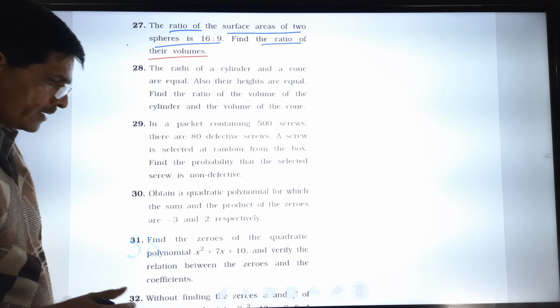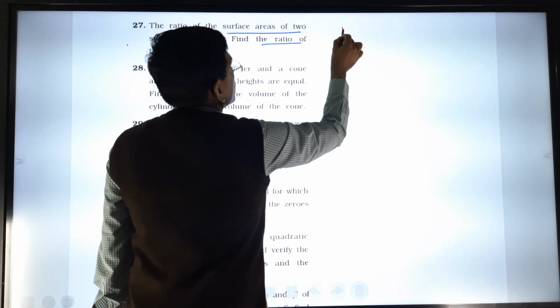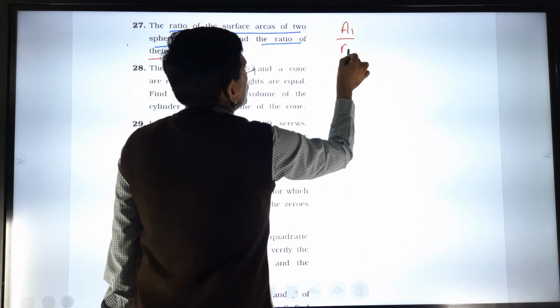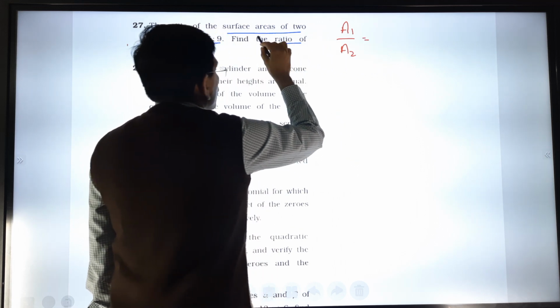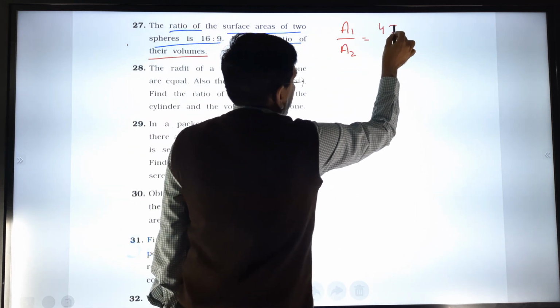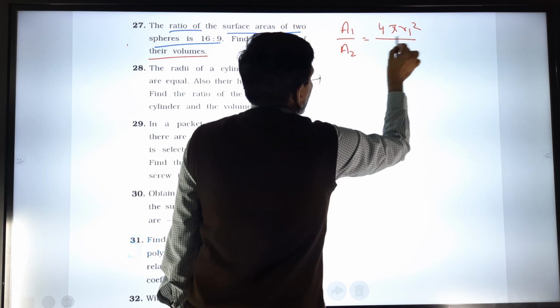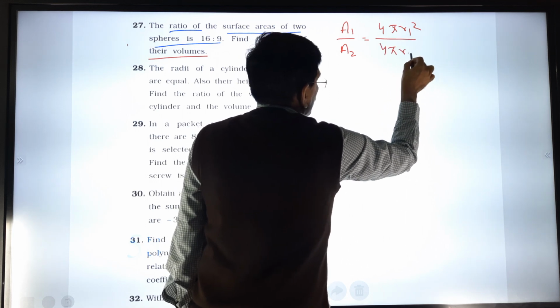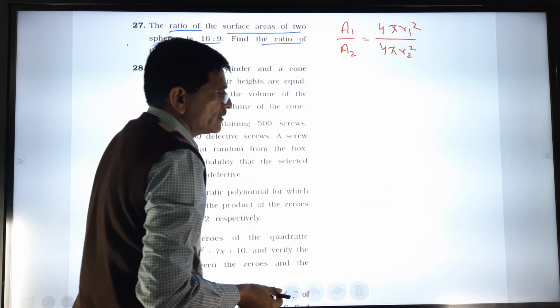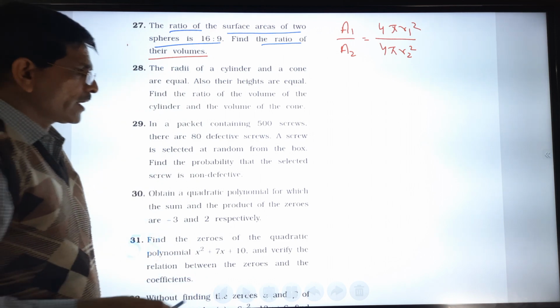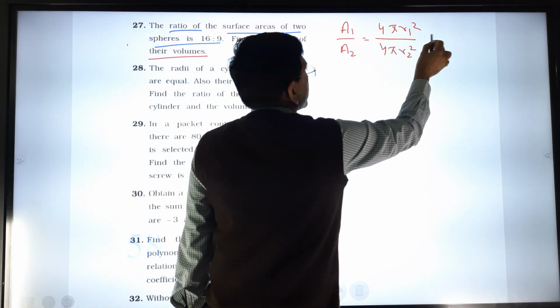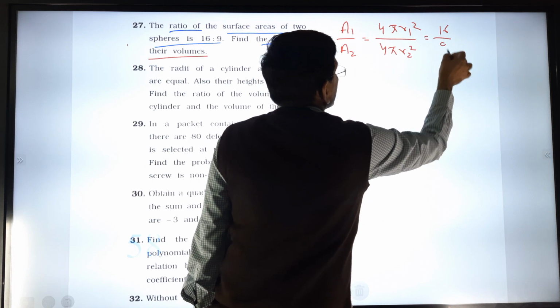Whenever surface area is there, I have to write A1 upon A2. The value of A1 is 4 pi r1 square upon 4 pi r2 square. That is given as 16 ratio 9, so I write here 16 upon 9.